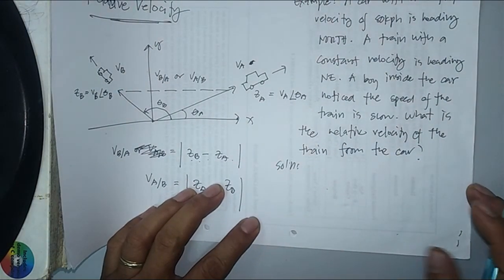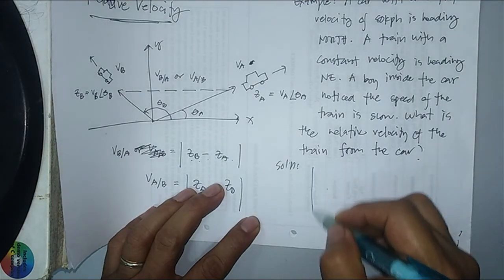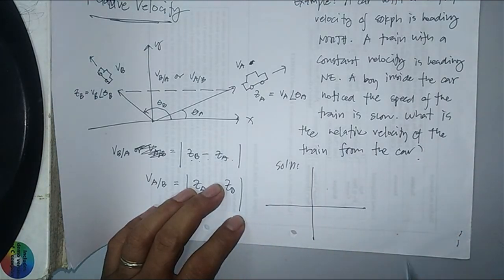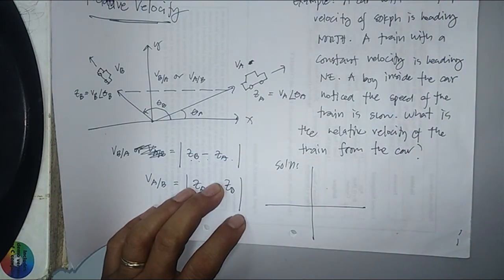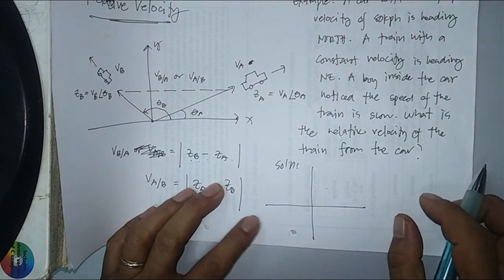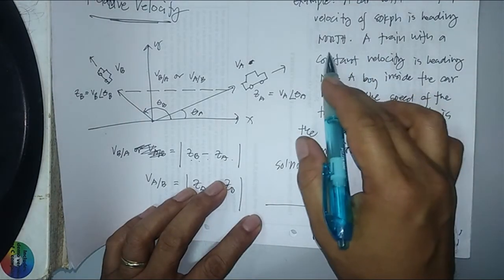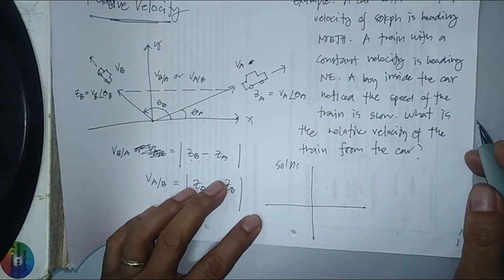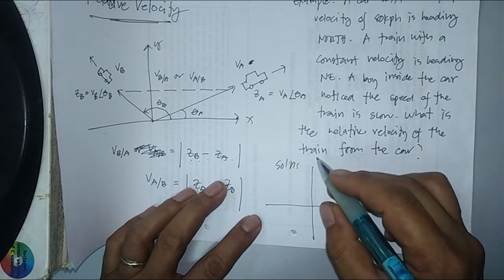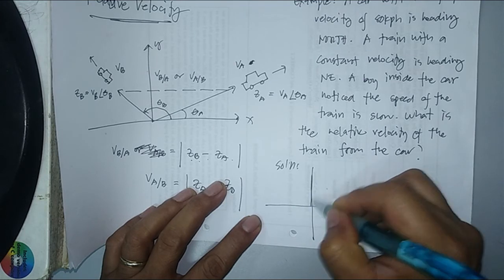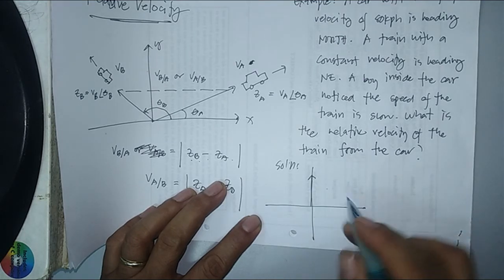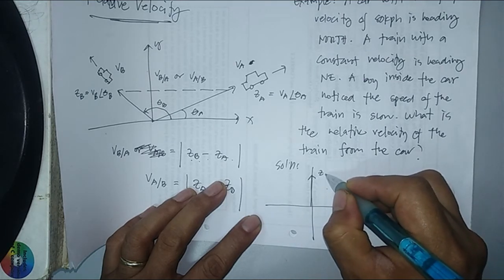So you are going to solve the problem first by representing the velocities of the car and the train in your Argand diagram. Now, first, we will plot the velocity of the car heading north. I will label that as ZA.